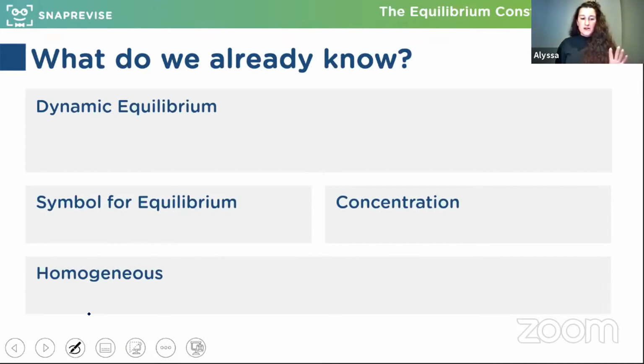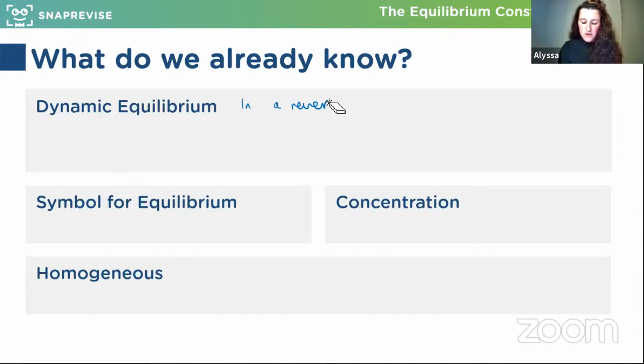Fantastic. Well done. So dynamic equilibrium is when the forwards and backwards reaction occur at the same rate. And when does this happen? It is in a reversible reaction, but not every reversible reaction.